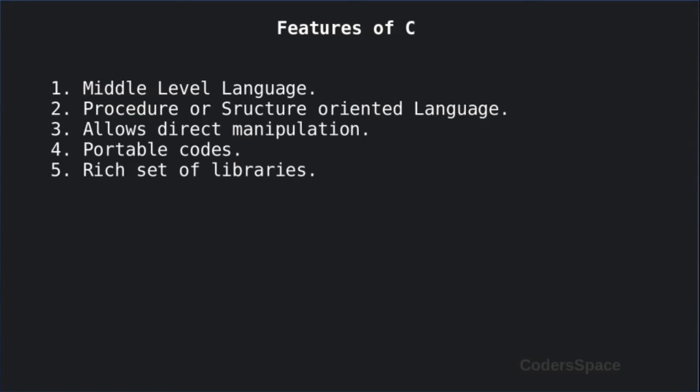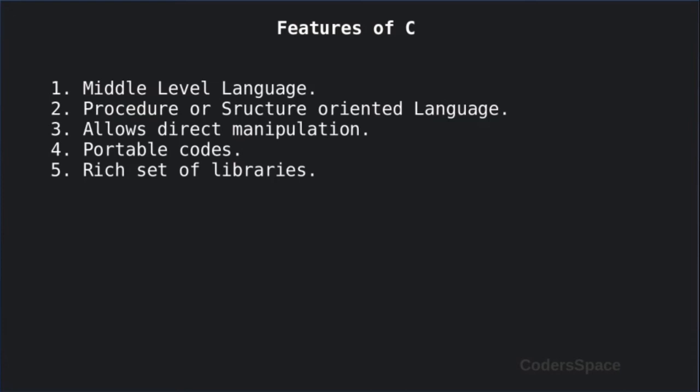So C allows such structuring of the program with the help of functions. You can divide a bigger task into smaller tasks and get each task done with the help of a function, and then you can call those functions. This makes the program look easy and very structured, and it is very easy to understand.